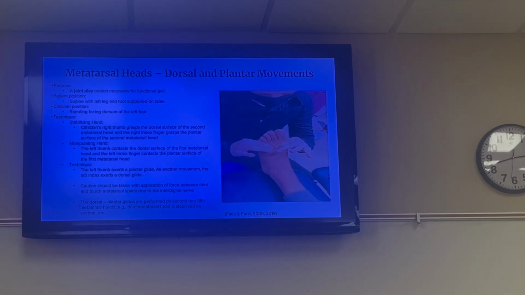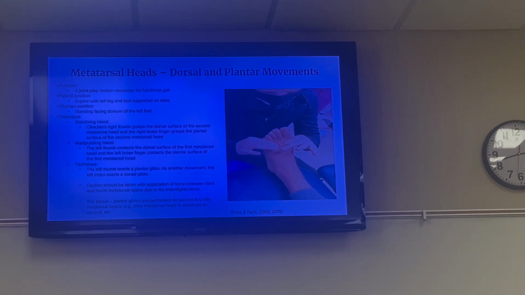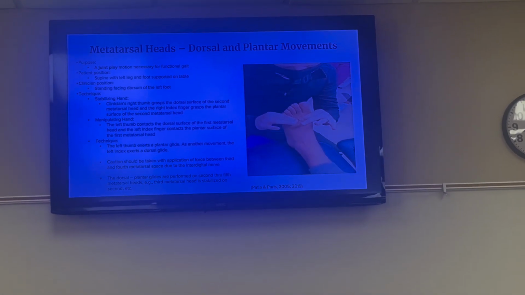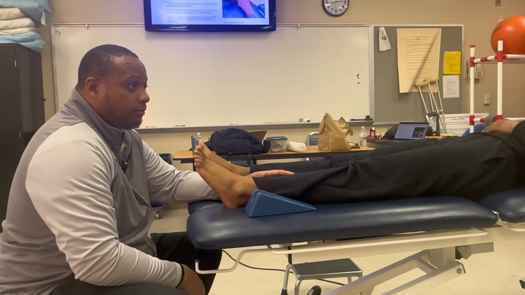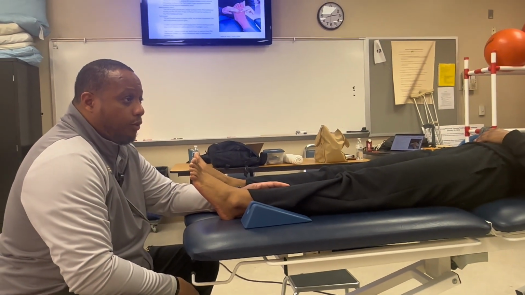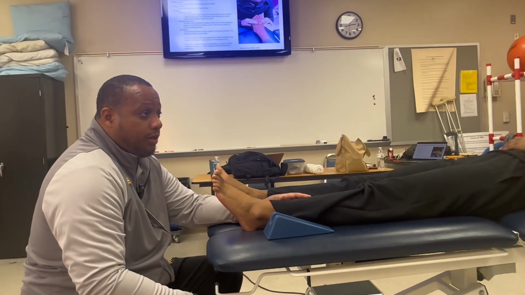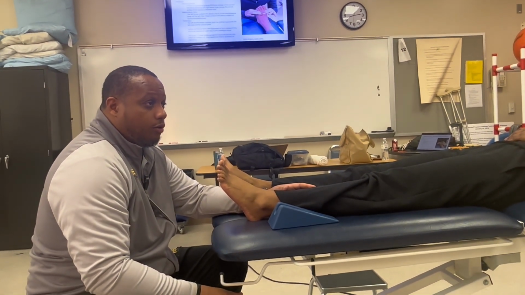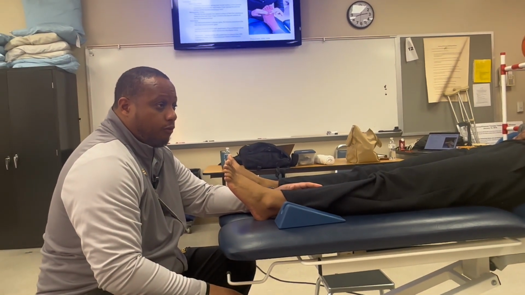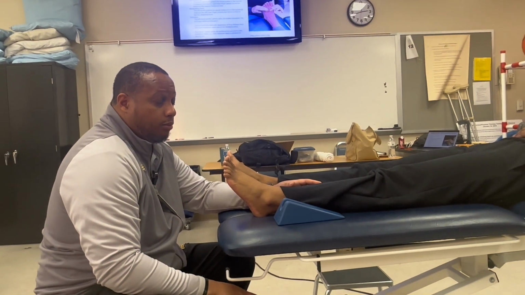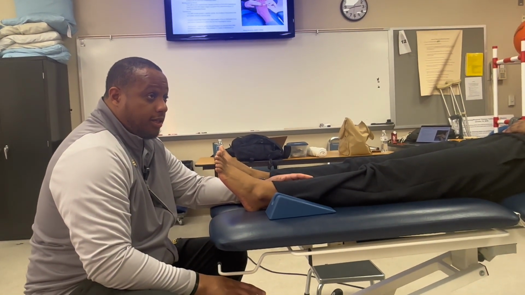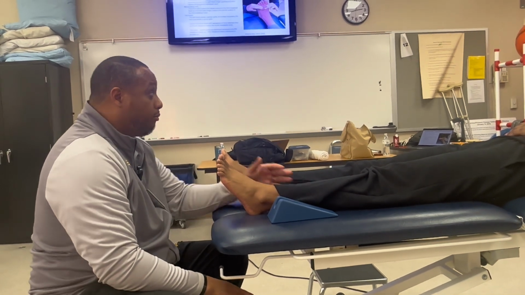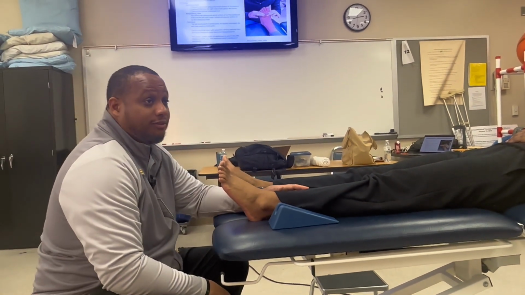This is joint play motion necessary for functional gait, dorsal and plantar movements. So we know that if we are supinated at the rear foot, what are we going to do to compensate at the forefoot? Pronate. But in order to do that, the metatarsal heads have to move in a plantar direction.